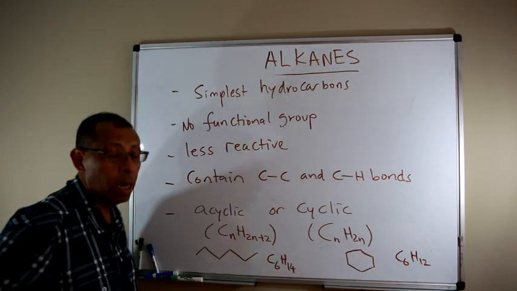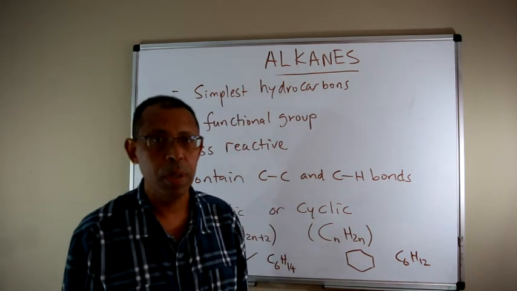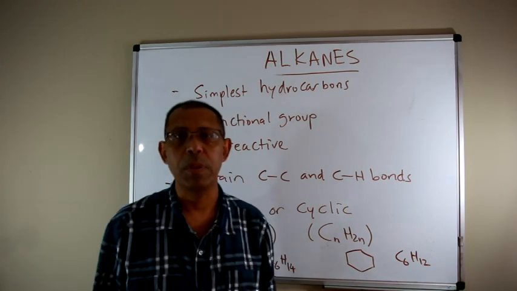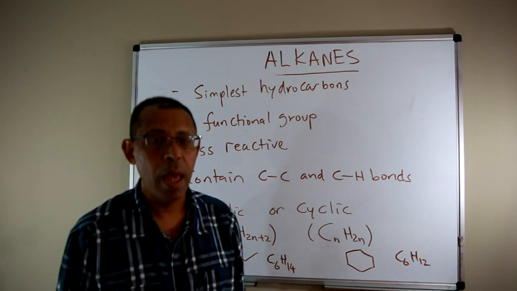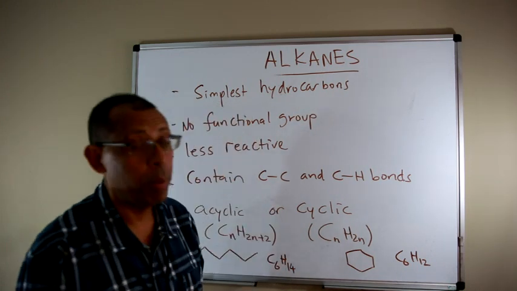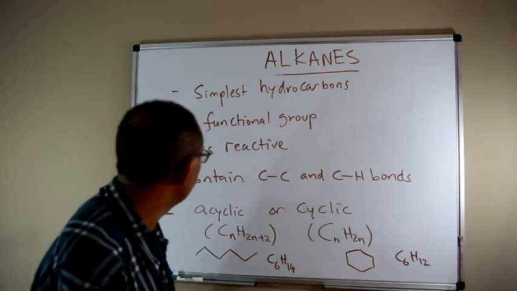And as you see here, they don't have any reactive functional group. That means they are almost chemically inert and they have to be transformed to another active functional group. So basically, chemically, they are found to be less reactive.